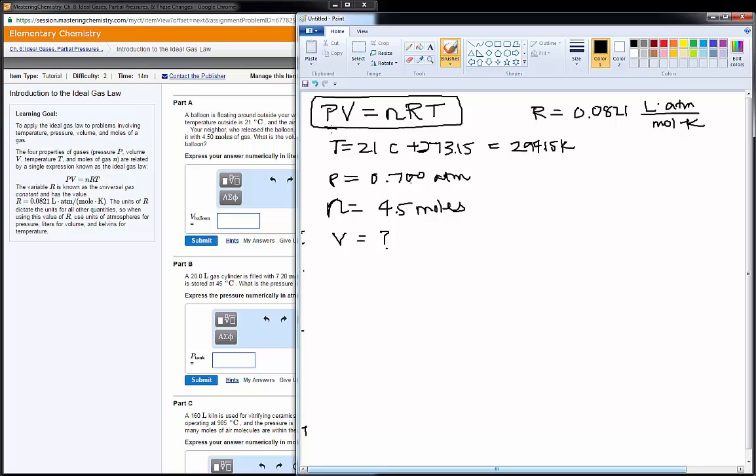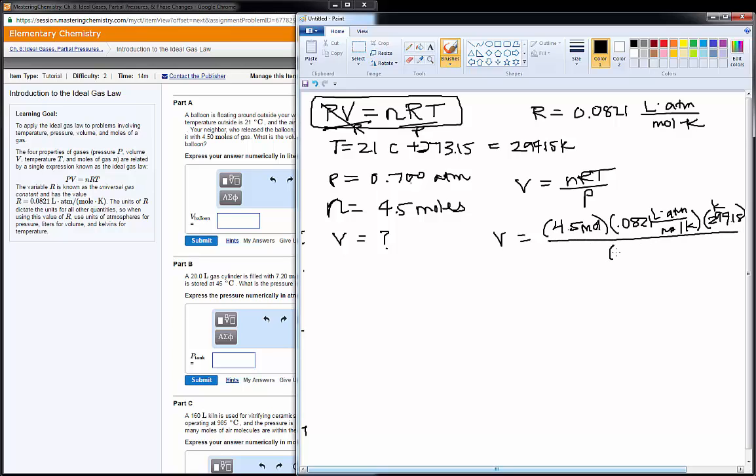If we want to solve for V, we better divide both sides by P. V equals nRT over P. So V is equal to 4.5 moles, 0.0821 liter atmospheres per mole K, and T, 294.15 K, divided by P, 0.700 atmospheres.